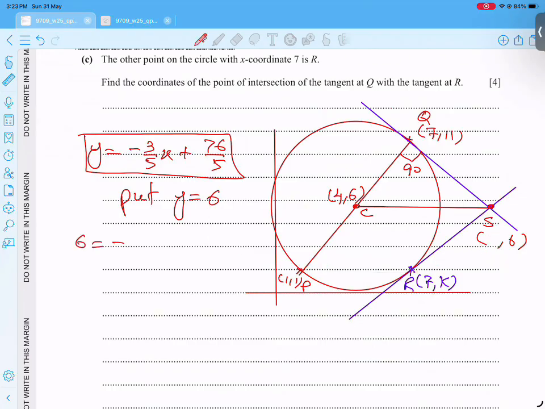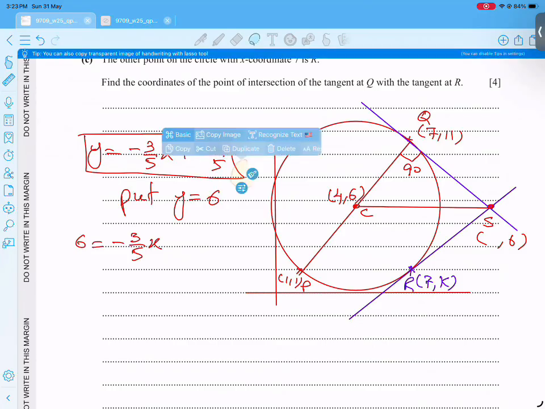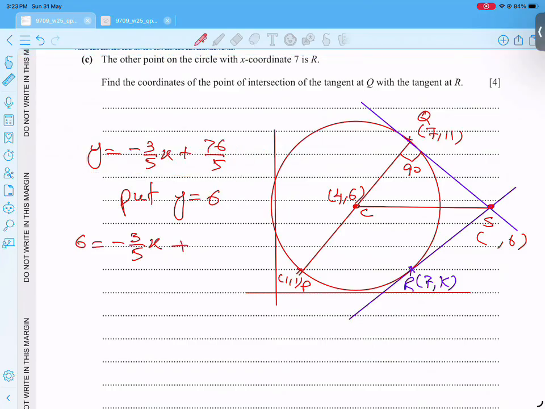6 is equal to negative 30/5 x, and wait a minute, let me erase this, plus 76 over 5. This will go here and this will come this side: 76 over 5 minus 6. Now, students, 76 over 5 minus 6 will give 46 over 5.